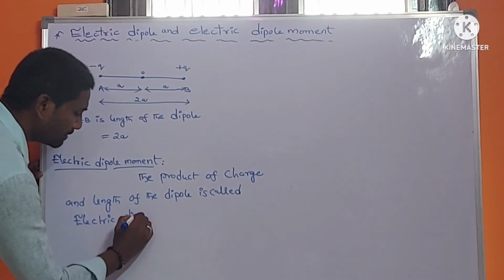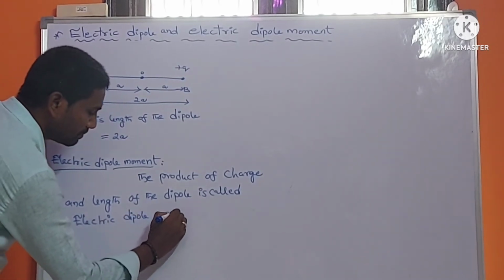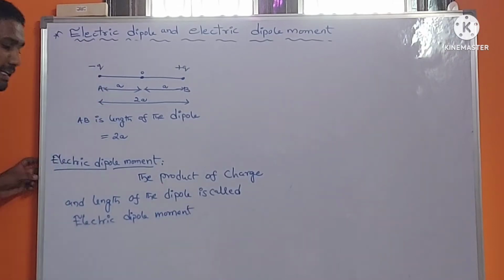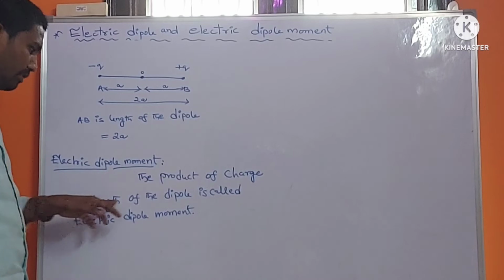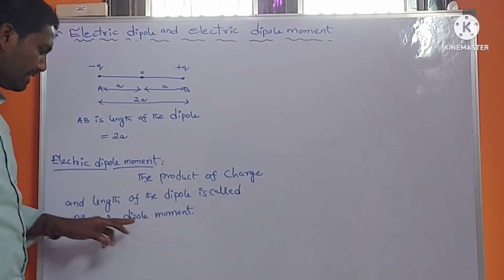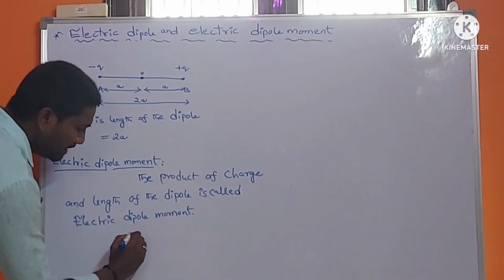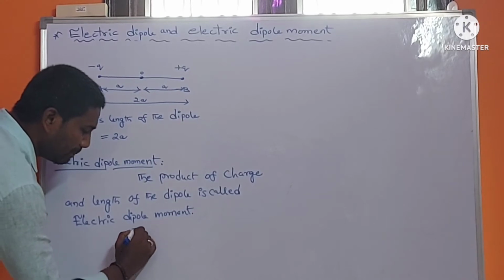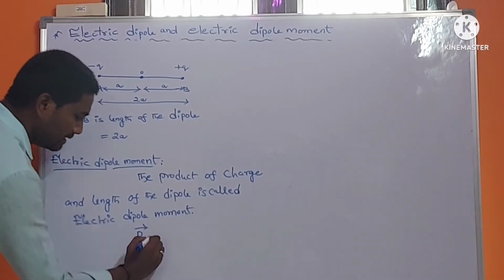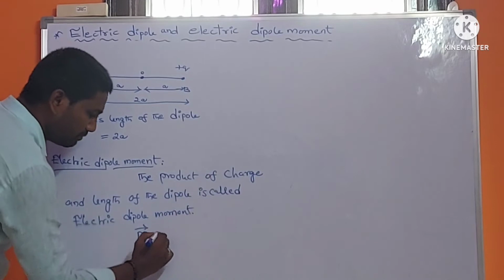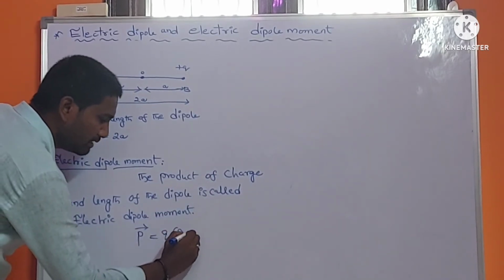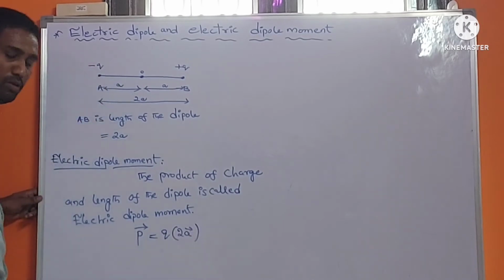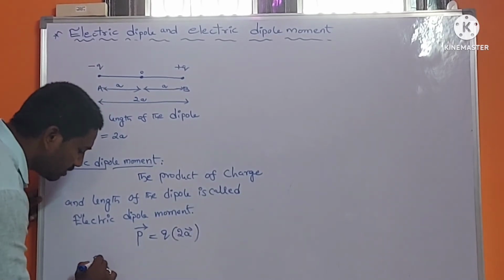All of you understand: the product of charge and the length of the dipole is called the electric dipole moment. It is denoted by p. p is equal to the product of charge and the length of the dipole, that is 2a. It is a vector quantity.